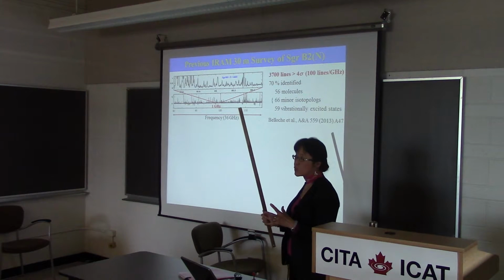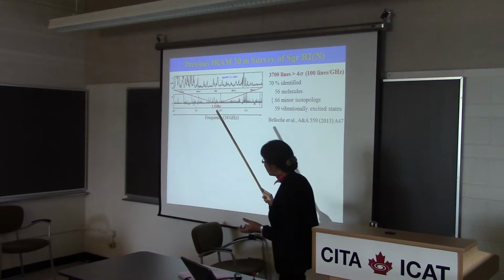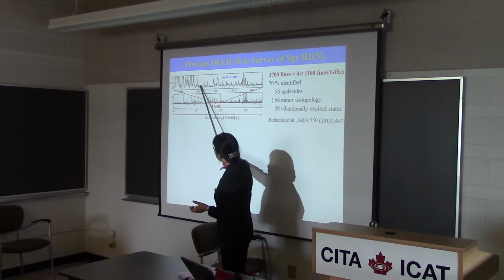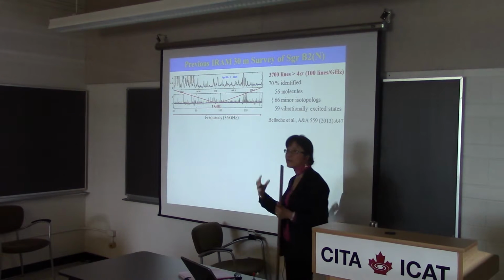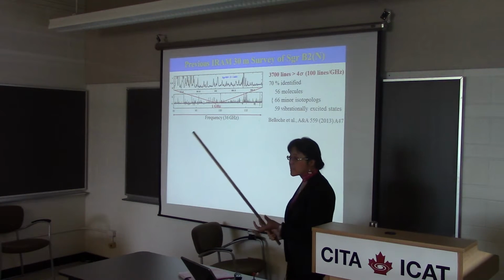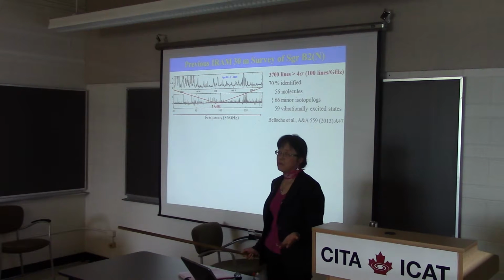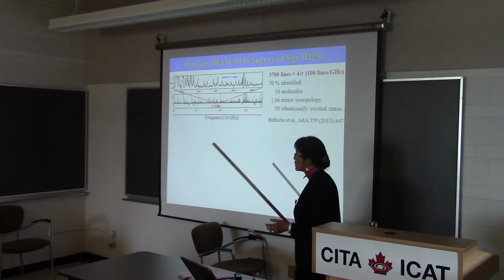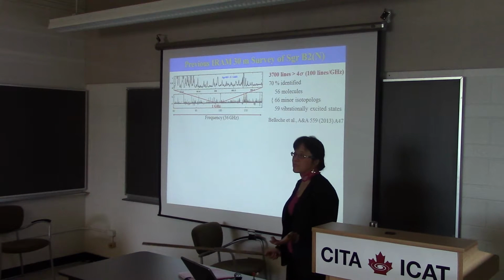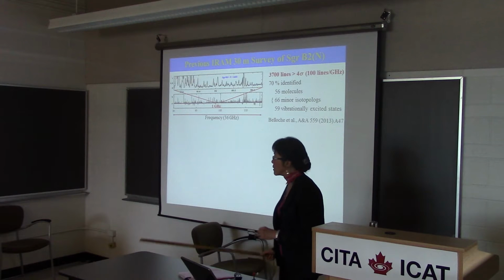This translates to overall about 100 lines per gigahertz, which is zoomed in at the top here. So that's 1 gigahertz, and you can see the line density there. We assigned about 70% of them. In other words, there's still 30% unknown for one reason or another: either the database is not complete, or the lines are just reaching the confusion limit.